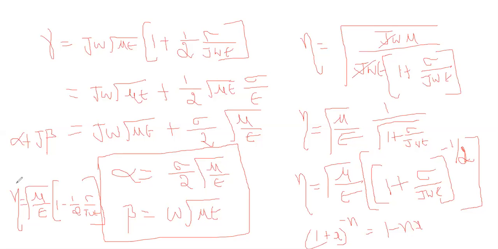This is the equation for eta. We got eta equal to under root of mu by epsilon into 1 minus 1 by 2 sigma by j omega epsilon, or otherwise you can take this j into the numerator, it becomes minus, then it becomes 1 plus j sigma by 2 omega epsilon.